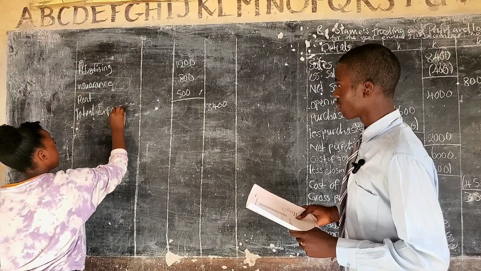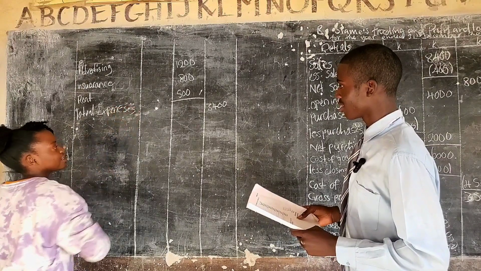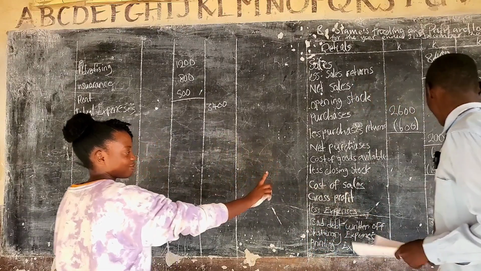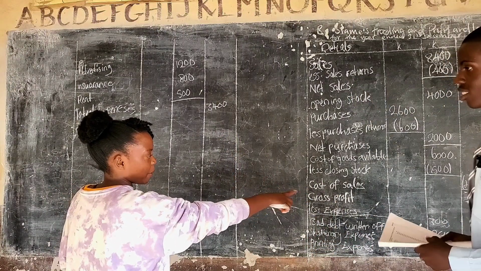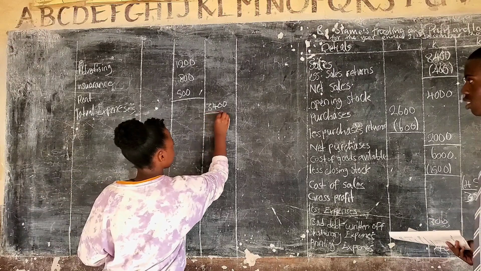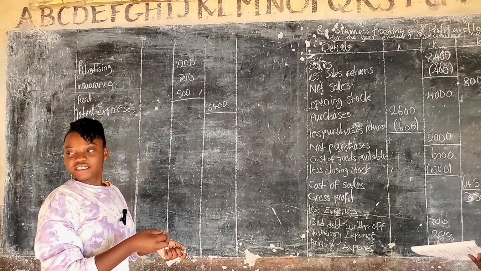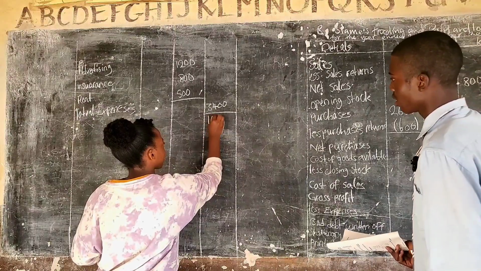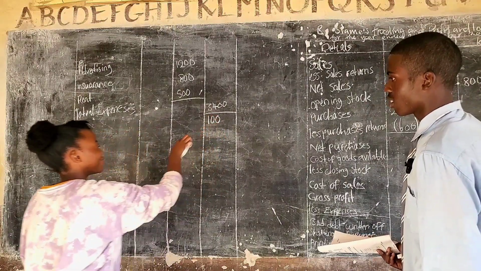Total expenses. Now we subtract the total expenses from the gross profit. Guys, how much is it? Moses, what's this called?